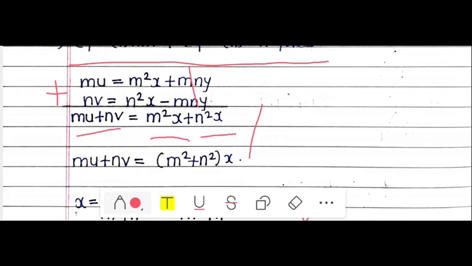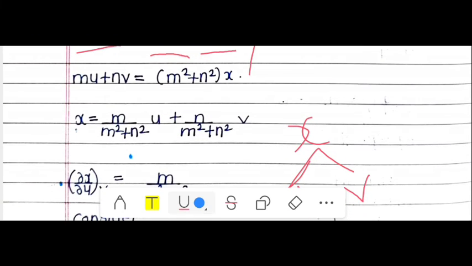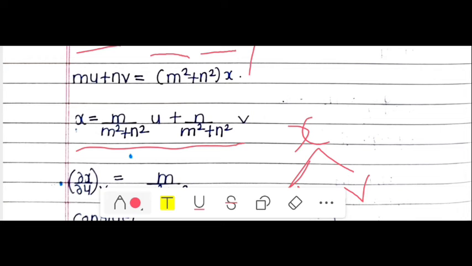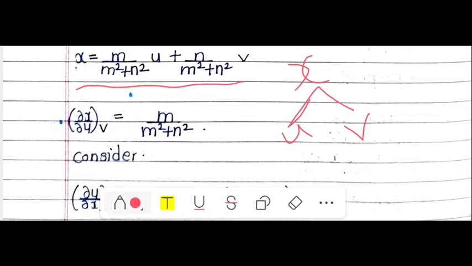So therefore by simplification we get x as m upon m square plus n square into u plus n upon m square plus n square into v. So the partial derivative ∂x/∂u treating v as a constant, we get m upon m square plus n square.